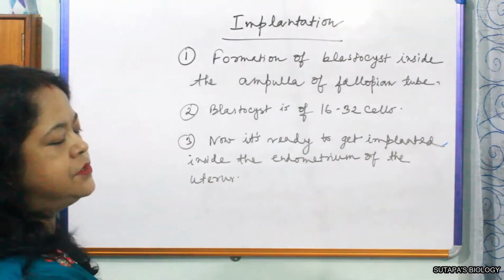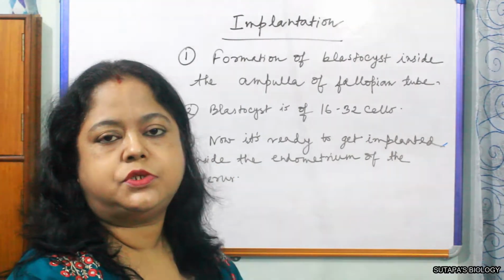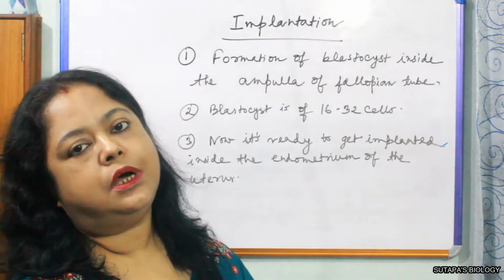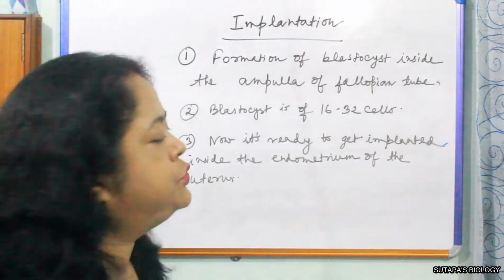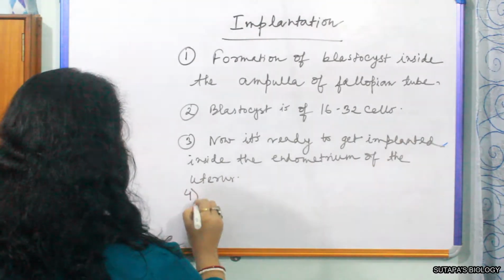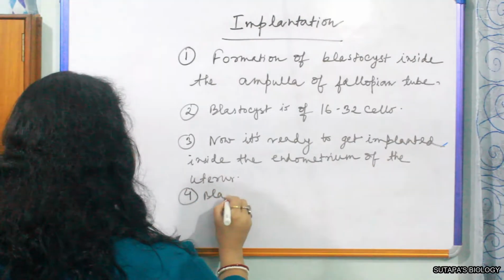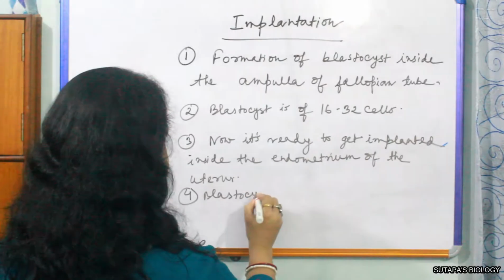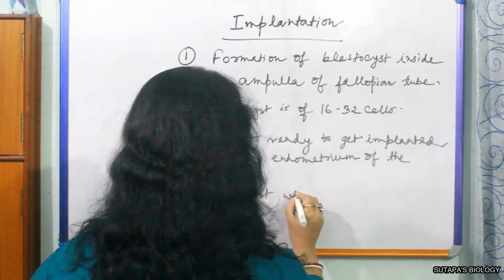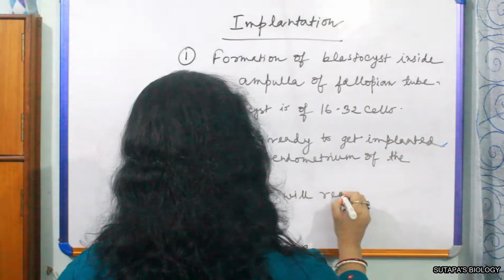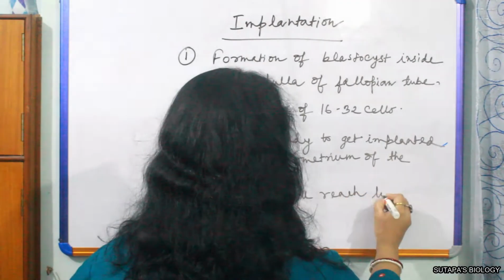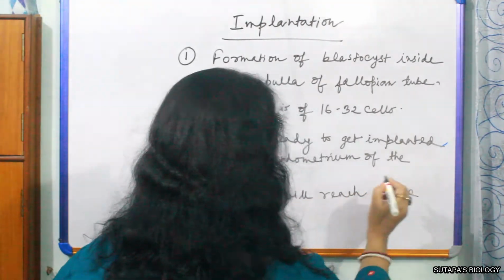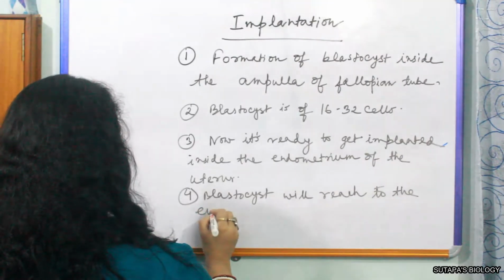Now blastocyst, I have told you, will trickle down through the fallopian tube, and it will reach the endometrium.